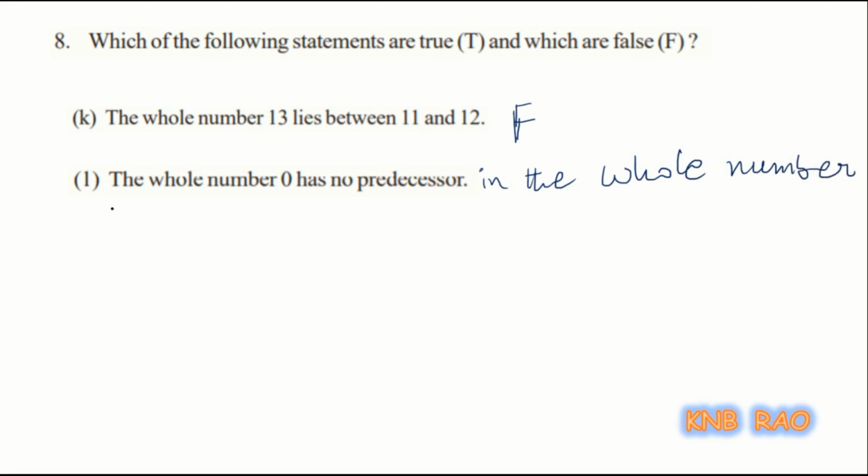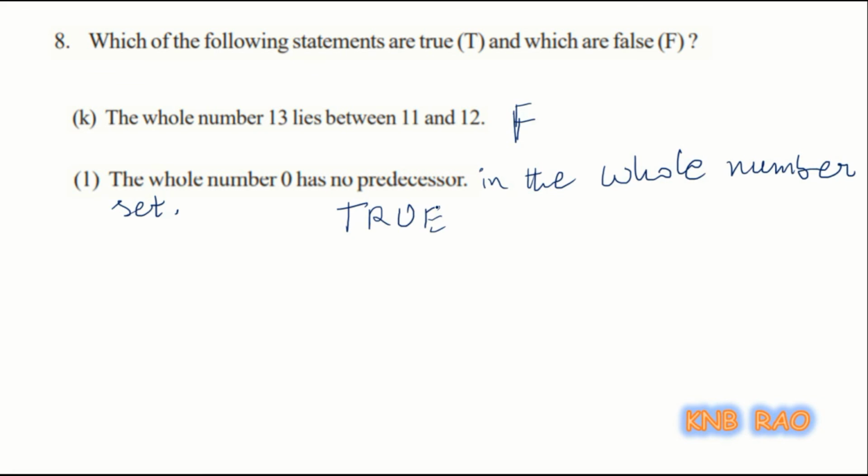This is what he means. So in the whole number set, a predecessor to 0 is not there. It is true. But in general, 0 has a predecessor. 0's predecessor is 1 less than 0, which is minus 1. That gives another set of numbers, which you will be learning in class 6 only, later as integers, as a separate chapter.